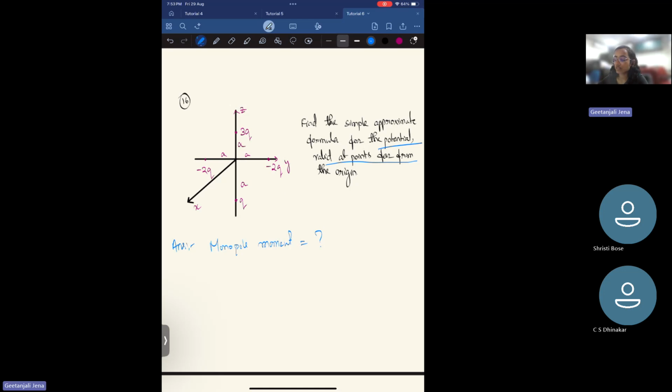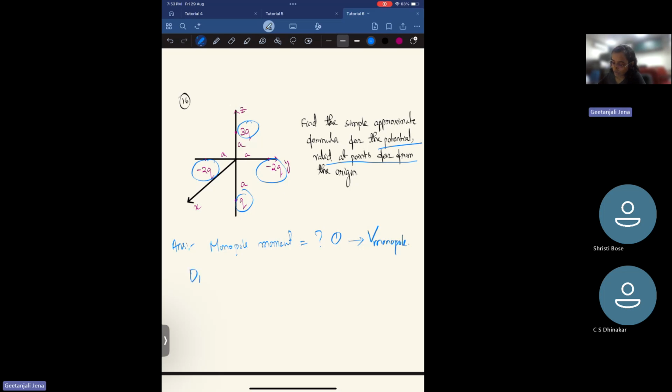What will be the monopole moment? Yes, monopole moment is zero. So that means there will be no contribution of monopole moment.